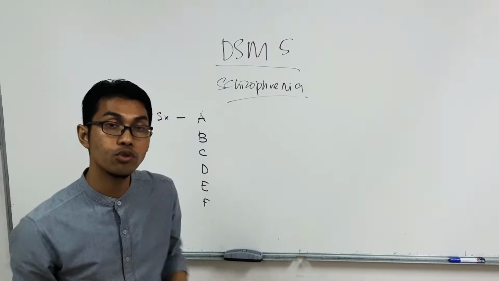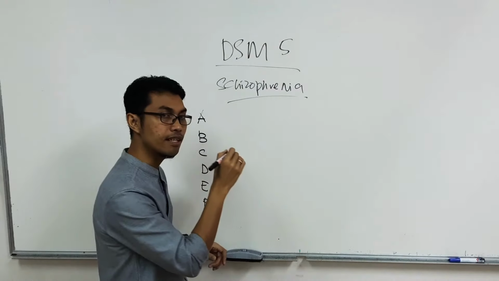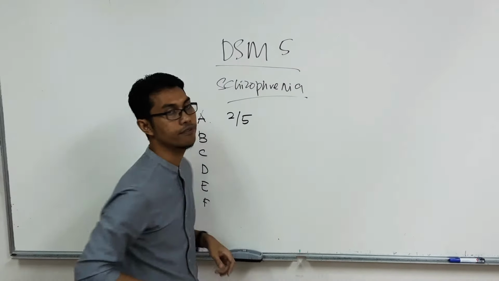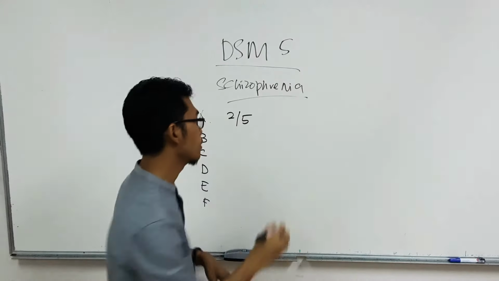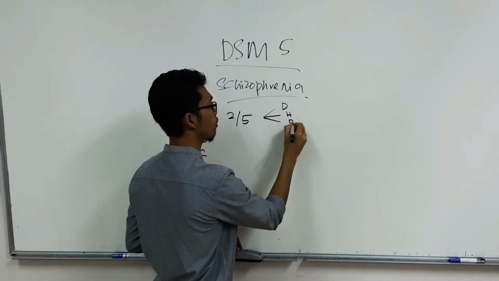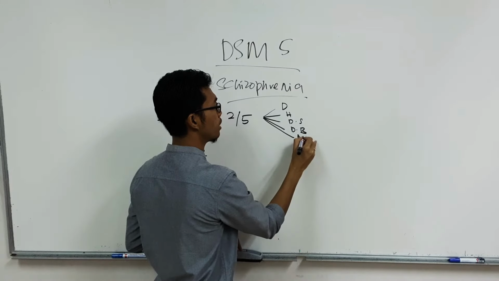It outlines what the symptoms are. If you look carefully, you need at least 2 out of 5 of the criteria: delusion, hallucination, disorganized speech, disorganized behavior, and negative symptoms.